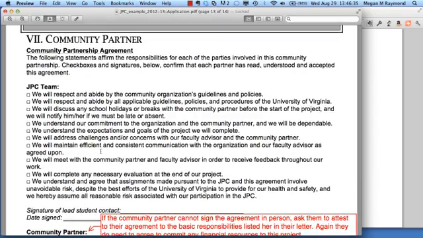Yeah, we just want everybody to sign this particular agreement together, because what it helps to do is, like Megan said, make sure everybody's on the same page. You're all, if possible, reading these things together, and as questions arise about the JPC team's role or the community partner's role or the faculty's role, they can be answered by going through this form.